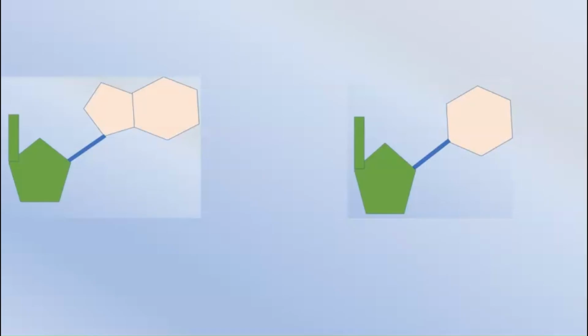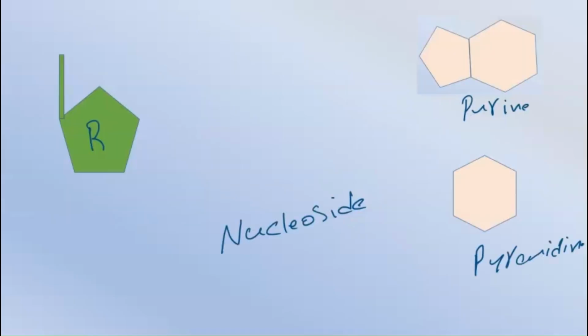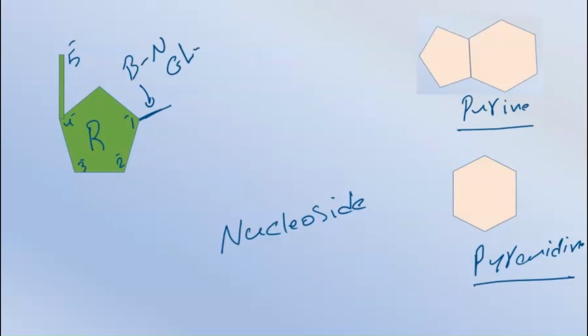First of all, on this sugar right here, remember 1', 2', 3', 4', and 5'. Where does the nitrogenous base, whether it's a purine or pyrimidine, link? It links at the prime number 1, and the linkage, if you want to know it, is called a beta-N glycosidic bond.